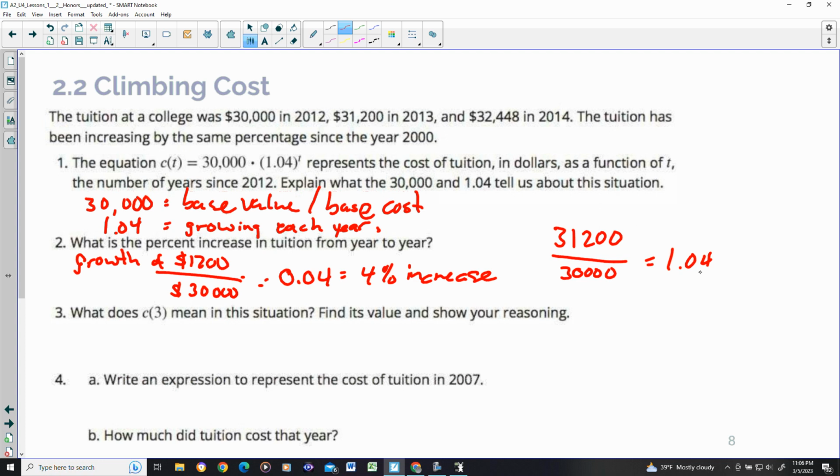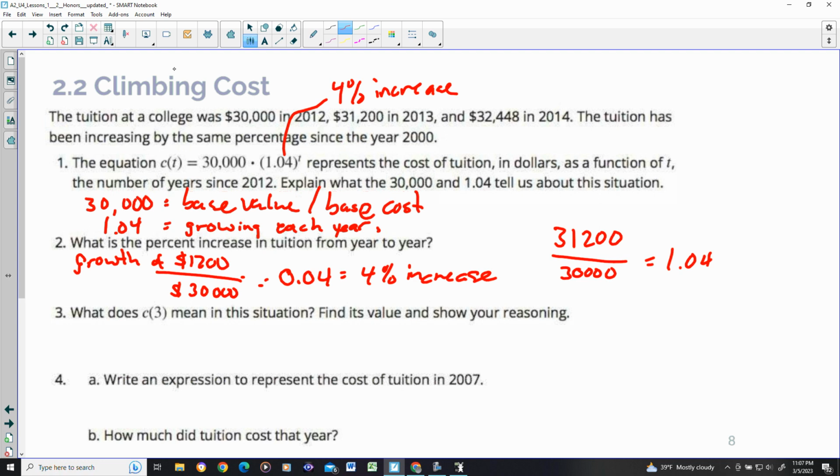So when we look at the growth factor, if I see a base of 1.04, I know that the 1 represents the original amount, and this 4 then, therefore, is the increase. And that's important. So if it was 1.07, it's a 7% increase, so on and so forth.